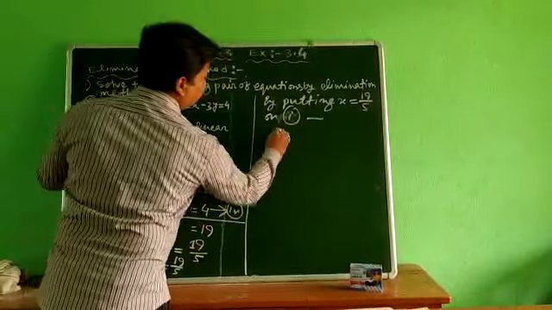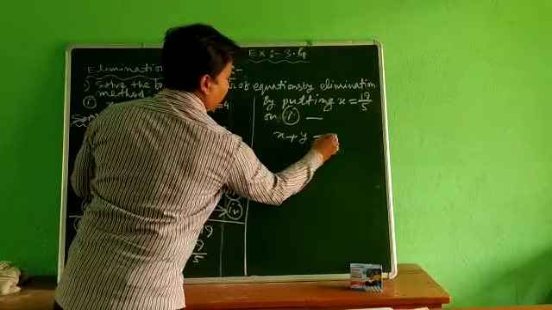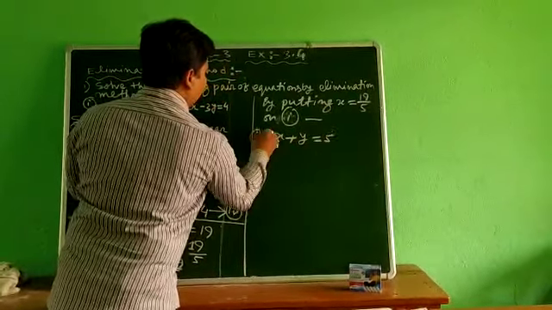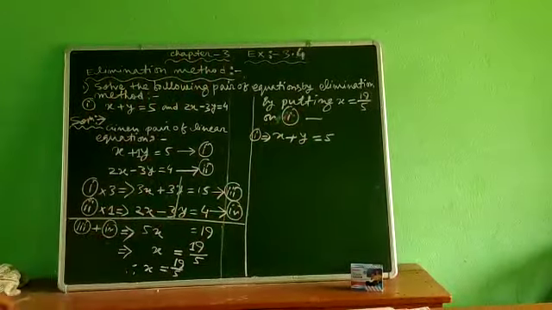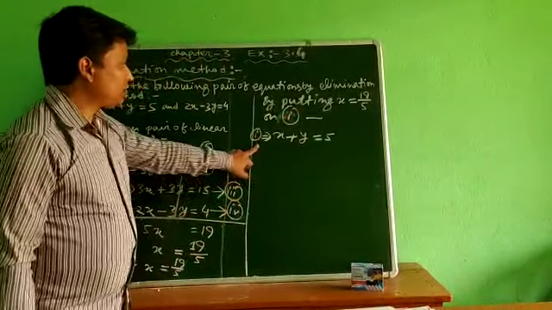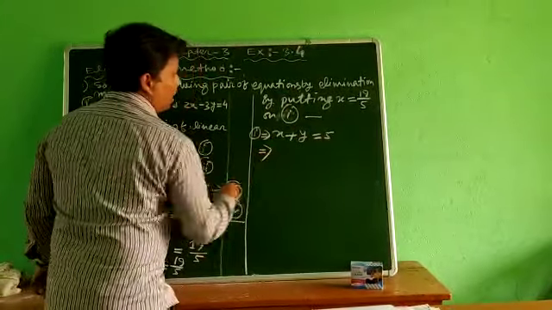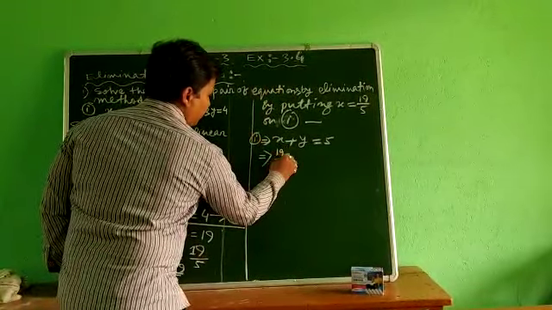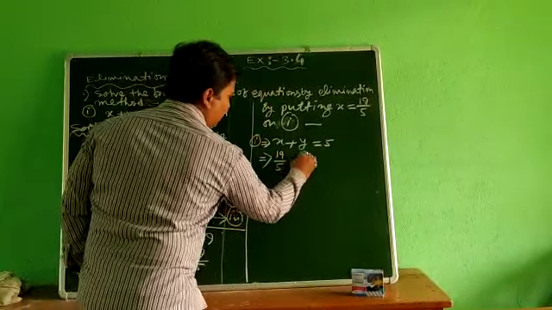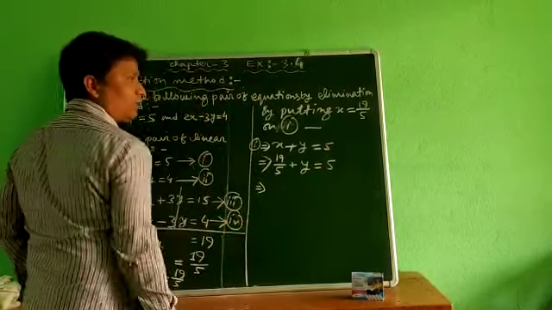So x plus y equal to 5, it is equation number 1. This value you can put in equation number 2 also, no problem. So now we are going to put x value 19 by 5 plus y equal to 5.